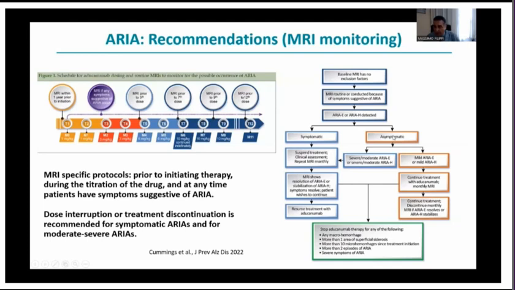We will also discontinue it if we have asymptomatic ARIA, but they are severe or moderate in terms of the classification that I showed you before, or if they are symptomatic, in which case you suspend treatment and repeat MRI monthly. When you see a resolution of the events, you can restart treatment and eventually stop again if something else happens.